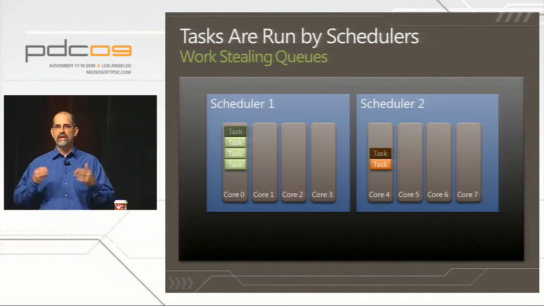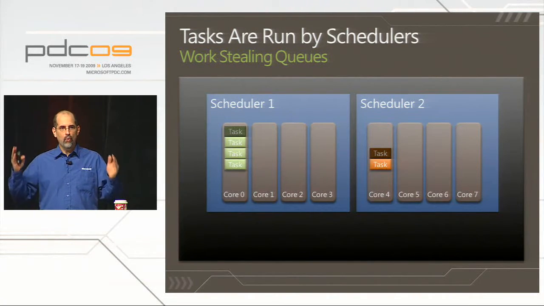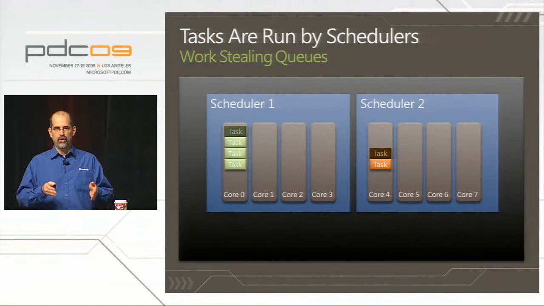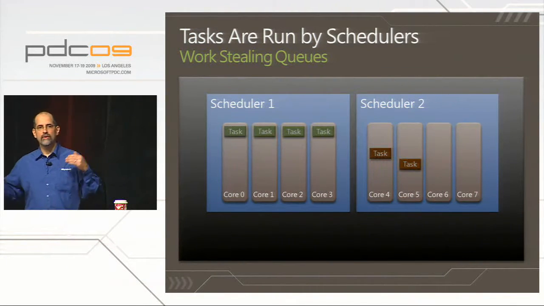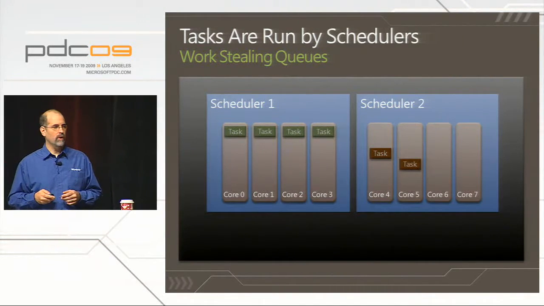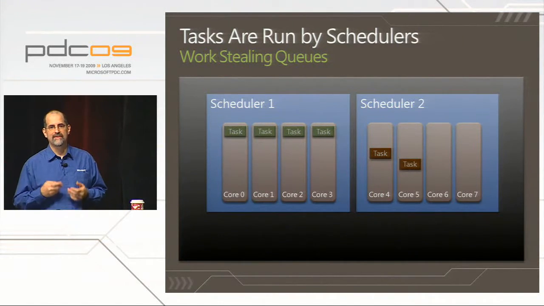So your tasks run at different lengths of time. When a task is done and the core is idle, you're not getting your money's worth from that CPU. You're just burning up time. So the schedulers look for empty work and reschedule that work on the idle resources. That's work stealing.